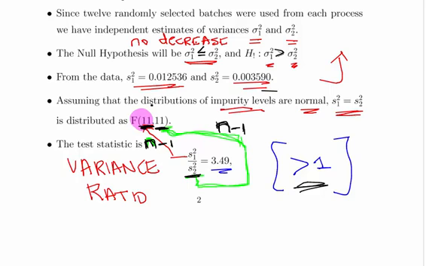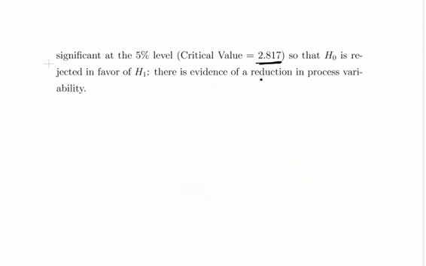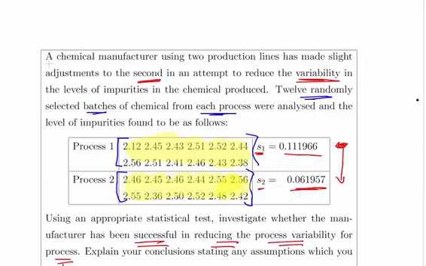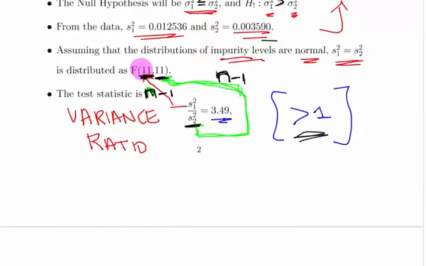So essentially, what we're going to do now is get the critical value that corresponds to F 11, 11, and it is 2.817. Sorry, just tracking back for a second. When we work out our test statistic, it turns out to be 3.49, which is 0.012536 divided by 0.003590.